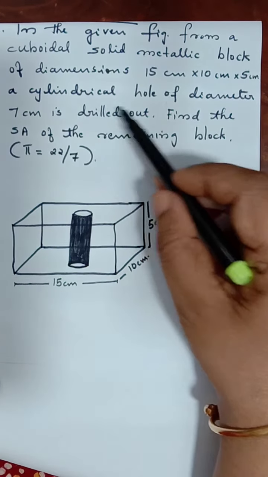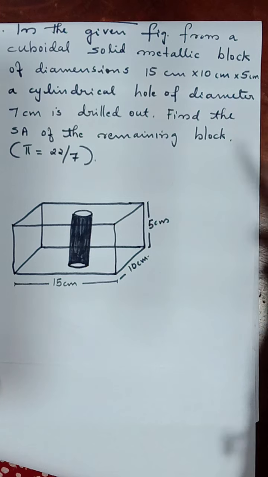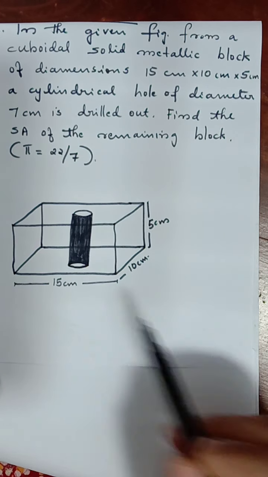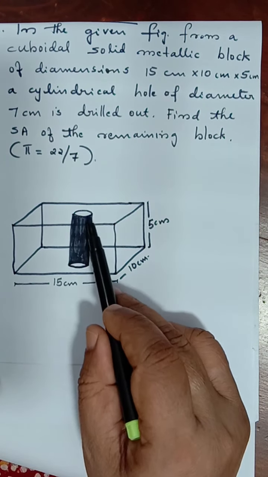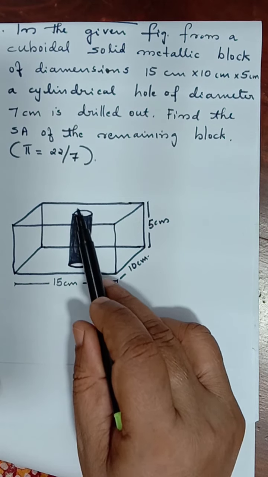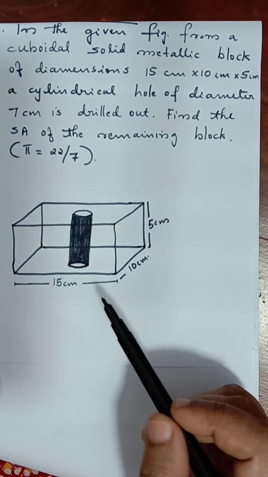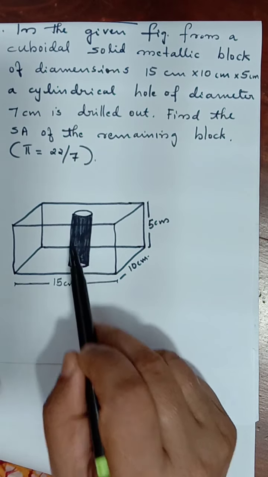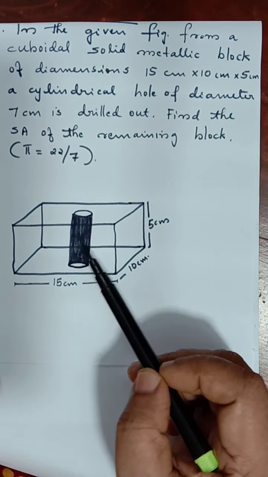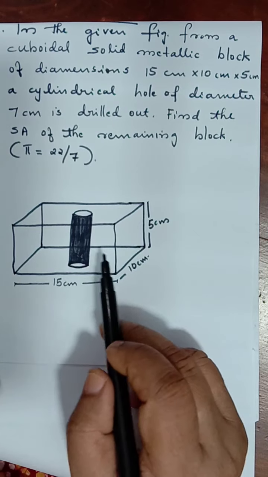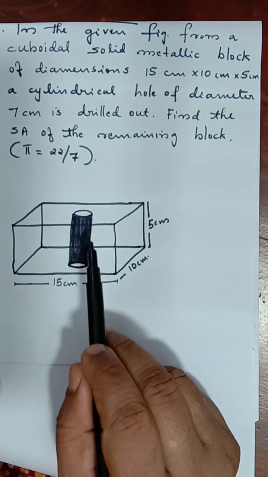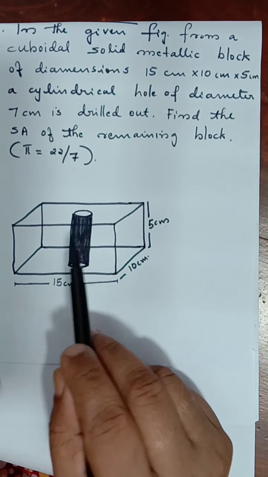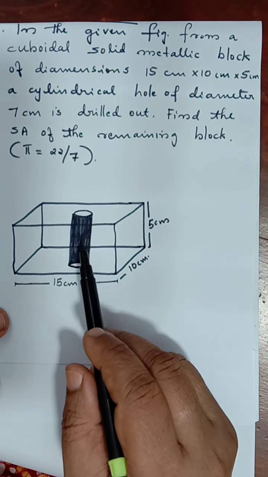A cylindrical hole of diameter 7 cm is drilled out. So this cylindrical hole is made from top to bottom. It is cylindrical in shape. A hole means a cavity is made. That portion is removed actually. We have to subtract that portion if it is a volume. But let us see what is the question here.